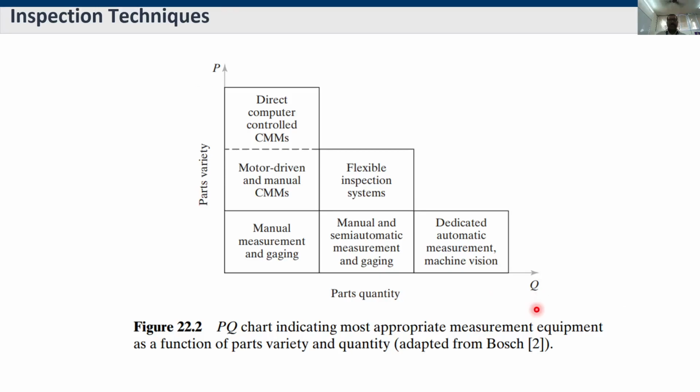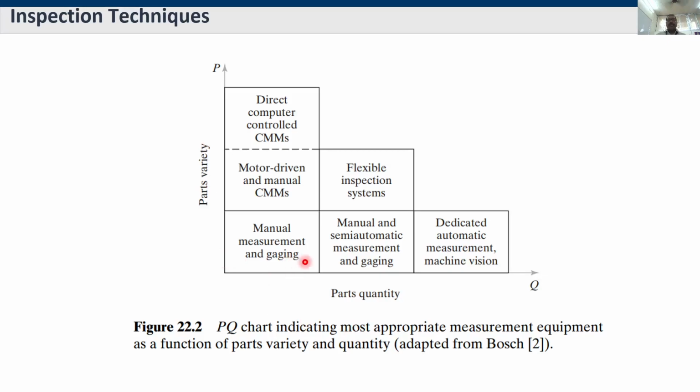Okay. So here, if the part quantity is less and part variety is also less, you need not invest in any automatic process. Using only manual measurement and the gauging process, you can complete the inspection process. So it's all about quantity and variety. If the quantity is less and variety also less, then you can go with manual measurement and gauging.